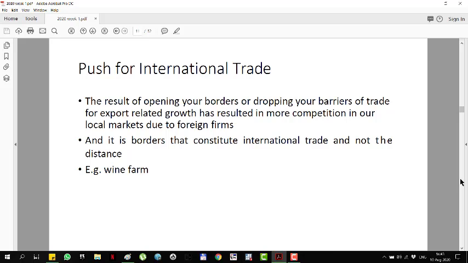But at the same time, when we are opening our borders, we're creating this local competition from foreign firms that are coming in. It's a good thing. Maybe they will start producing the good more efficiently because of competition. Maybe a bad thing again occurs where these companies can't compete with these prices and they have to close out.